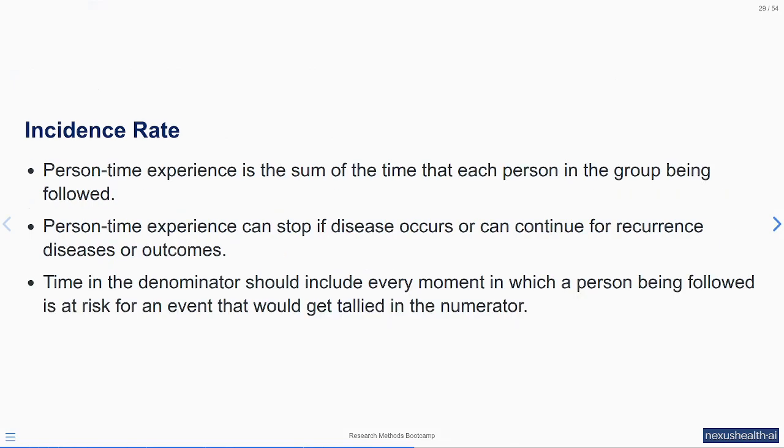Person-time experience is the sum of the time that each person in the group was being followed up. Person-time experience can stop if the disease occurs, or it can continue for recurrent diseases or outcomes. The time in the denominator should include every moment in which a person being followed up is at risk for an event that would get tallied in the numerator.